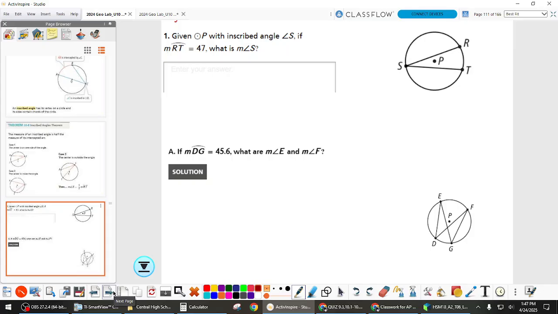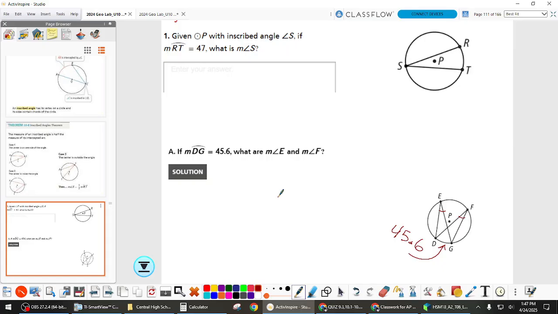All right, what is this kind of picture? Which theorem did we write about that looks like that? Yeah, good. So it says measure of arc DG is 45.8. I'll write it bigger. Okay, so what are those two angles? They're the same as each other, but what are they?